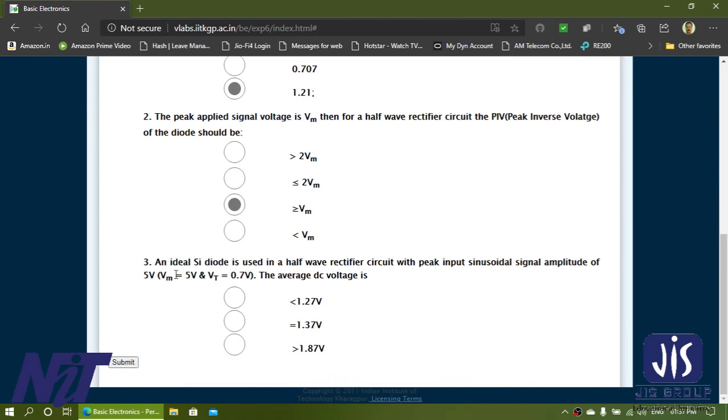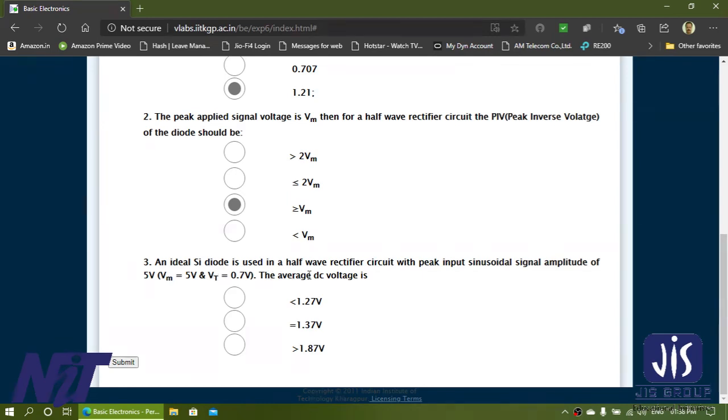Now number 3: an ideal silicon diode is used in a half wave rectifier circuit with a peak input sinusoidal amplitude of 5 volt, where VM is equal to 5 volt and VT is equal to 0.7 volt. So VT is nothing but the threshold voltage; you can assume that as VB.